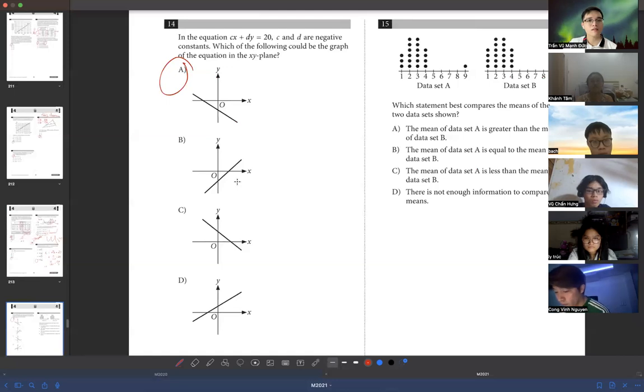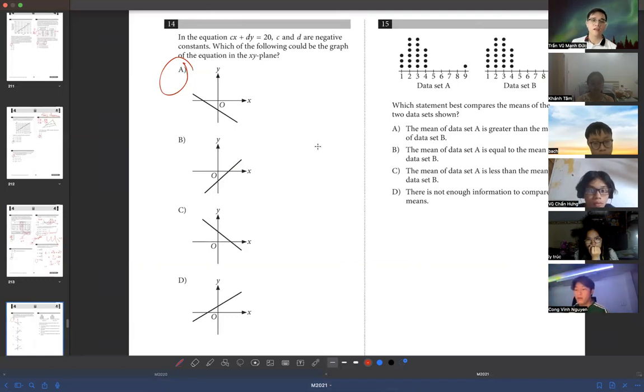And because C and D are negative, the line will be from the negative side. Okay. So I would choose A because the line is from the positive side.